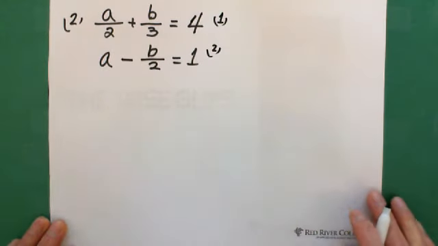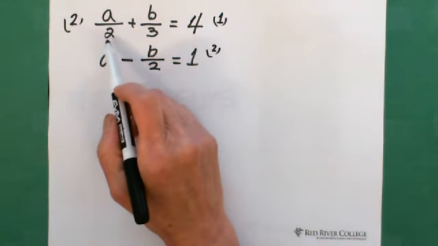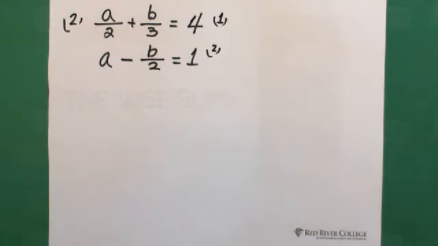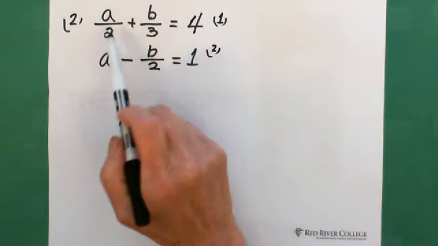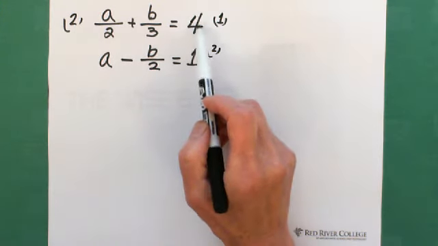To solve this, our first job is to eliminate the denominators. Fractions make it more complicated, but if you eliminate the 2 and 3, it's easier. This has denominator 2, this has denominator 3, and this 4 is actually 4 over 1.